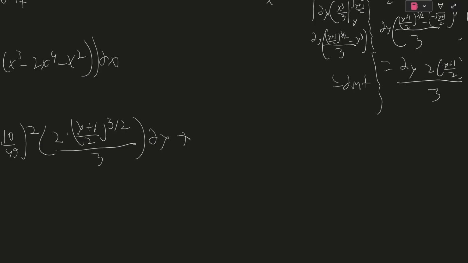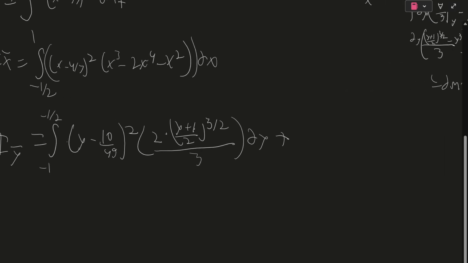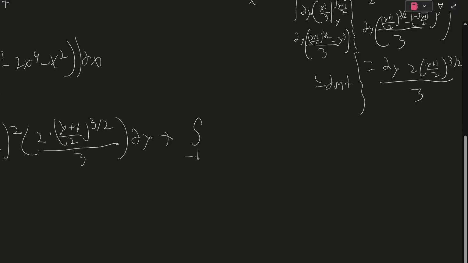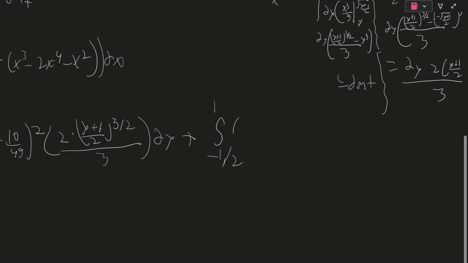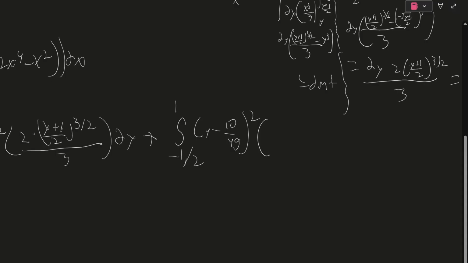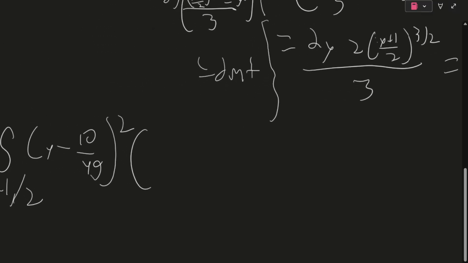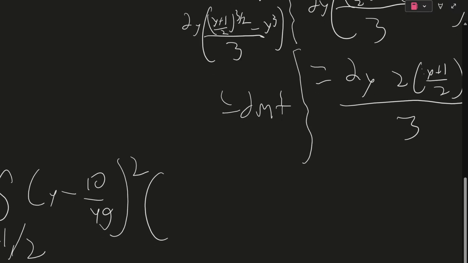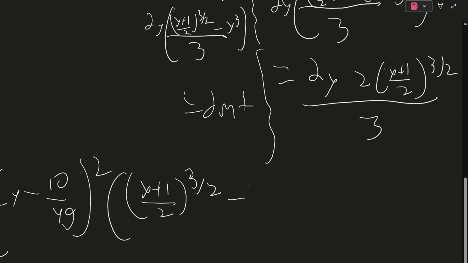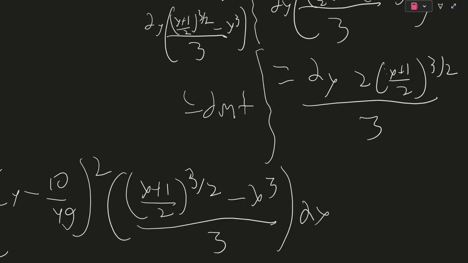And now we're also going to go ahead and add the integral from -1/2 to 1 of y minus 10 over 49 squared times y plus 1/2 to the 3/2 minus y cubed all over 3 dy.